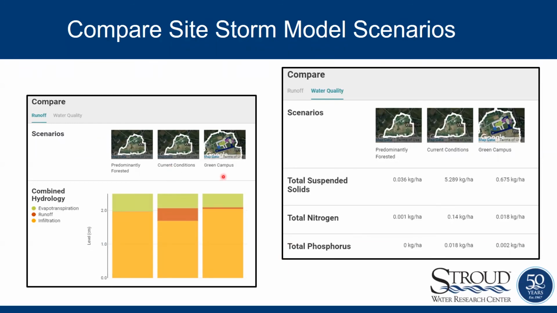And then here he ran a green campus scenario, which is all those good changes you could make to help the watershed. You can see very dramatically that this runoff in red went way down, and that's the goal. How can we minimize runoff and increase infiltration?